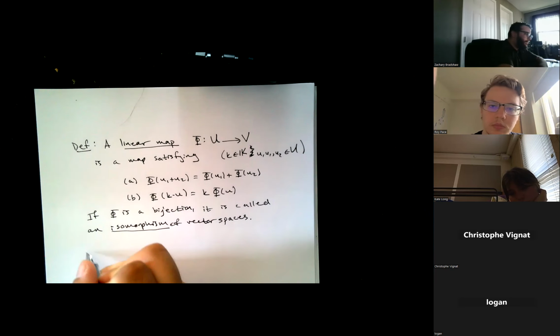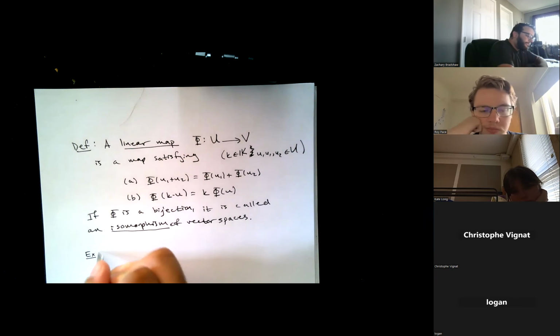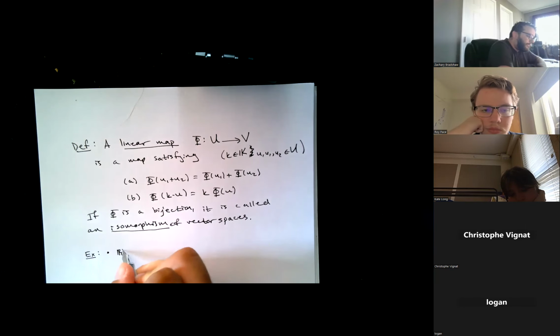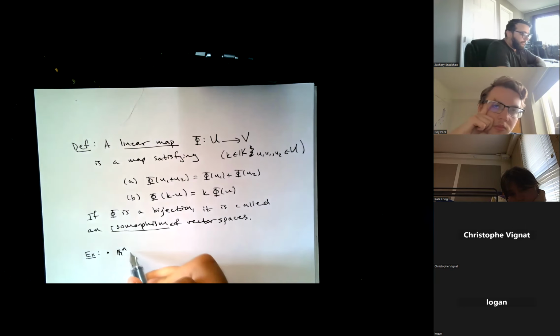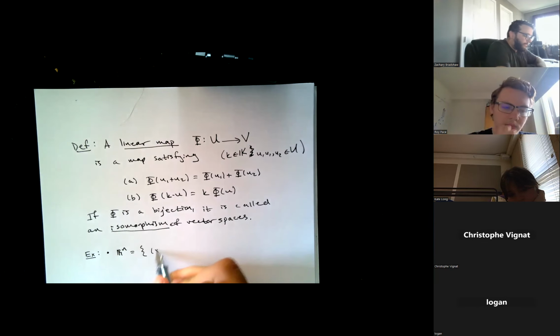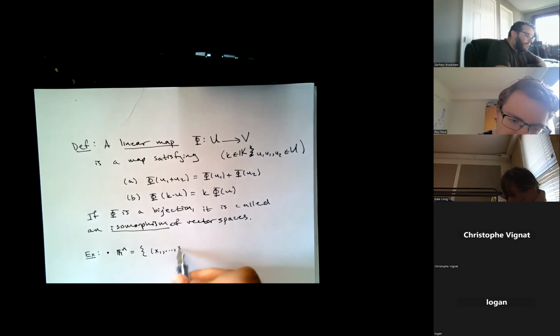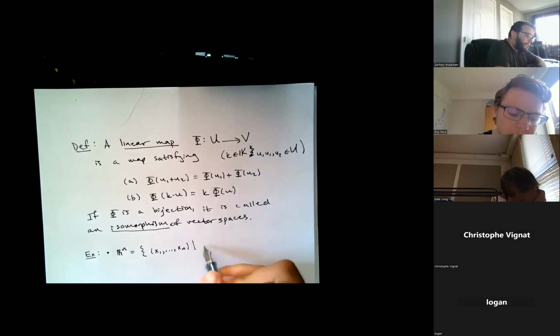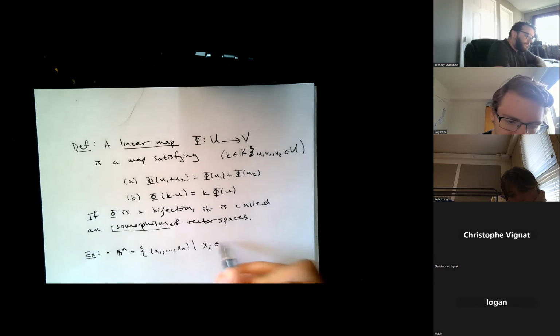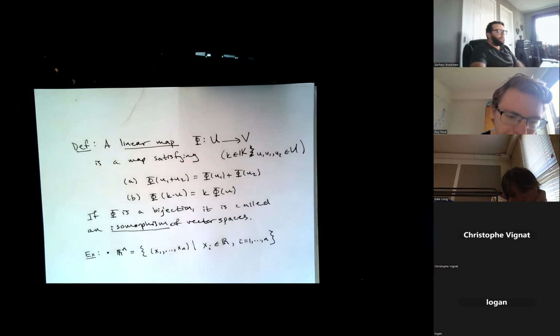So here is an important example. It's one that we've probably all seen before, which is Rn, which is the set of all n-tuples of real numbers. Right, so all these lists of n real numbers.